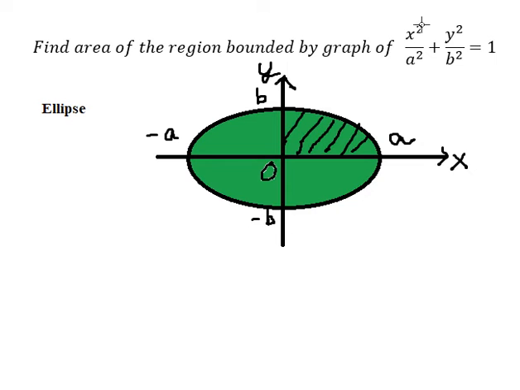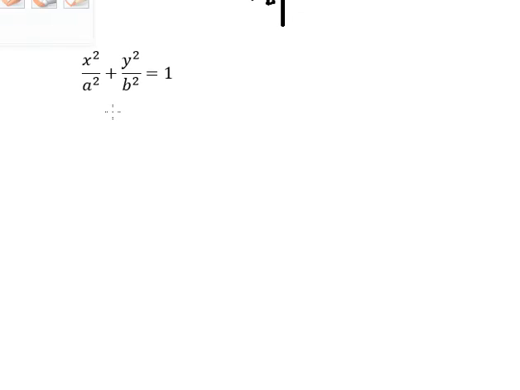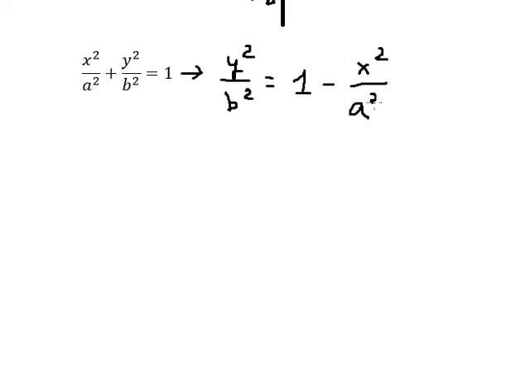So we have this equation, and I will put this one go to the right. Next, I will put b square go to the right.